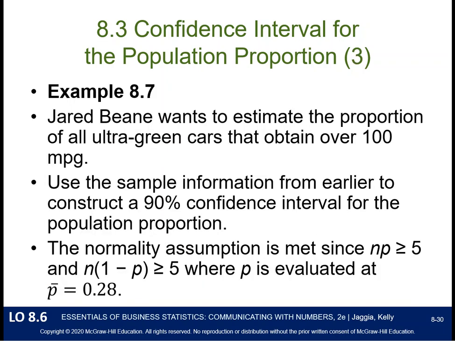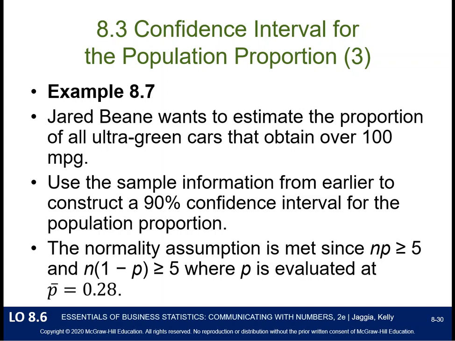So let's go back to our example with the green cars. We want to estimate the proportion of the ultra green cars that obtain over 100 miles per gallon, because that was the claim made by the manufacturer. Using a 90% level of confidence, we're going to construct that confidence interval.